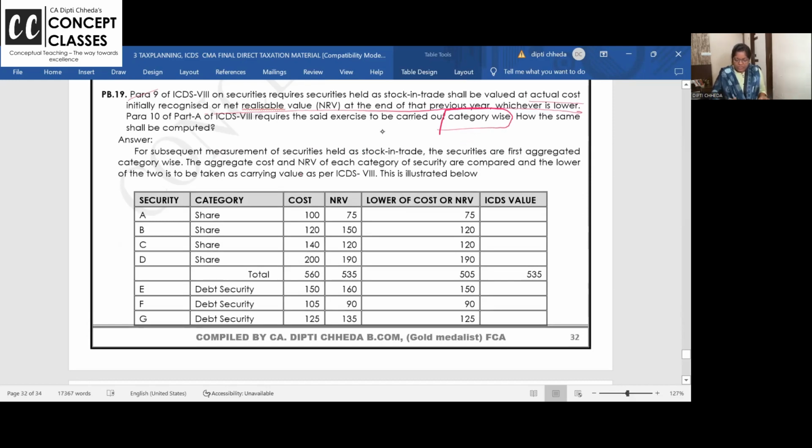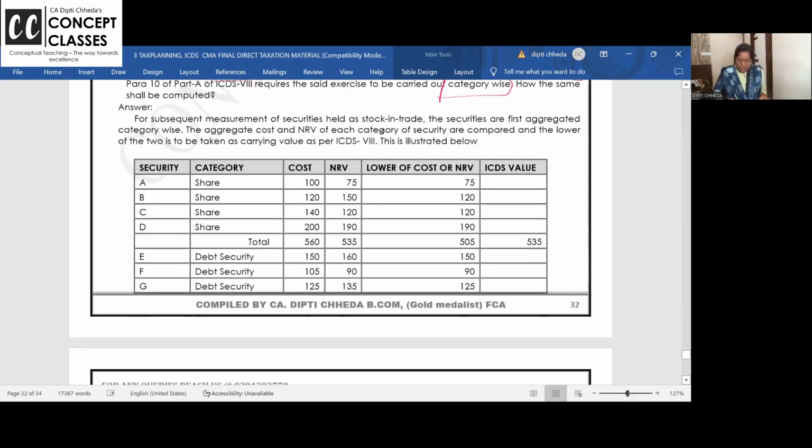See how? This is already an example solved. Suppose the first category is shares. Now, in ICDS, what do they do? You know that for every item you take cost or NRV, whichever is lower. That is what you do normally.